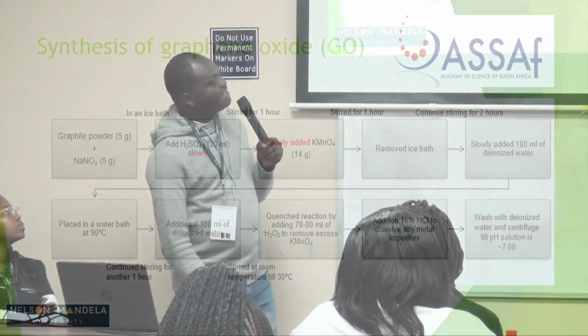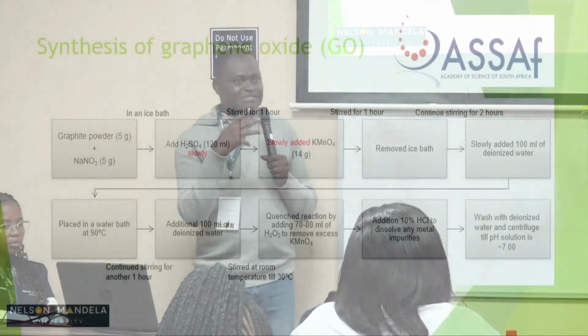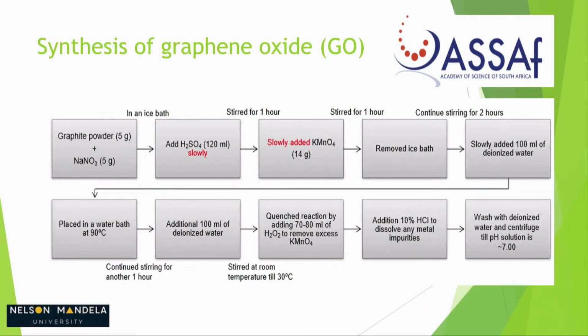Then apart from that, we look at graphene oxide. Graphene oxide, we produce that through a method called the UMA method. Because of time, I will not be explaining that one by one. So we use that method to produce the graphene oxide. Now, what we've done is to marry the two, graphene oxide and silver bismuth sulfide. The question is, why the marriage? Why not just using one alone?